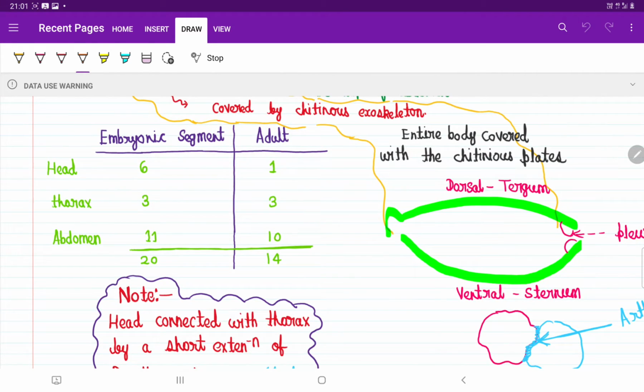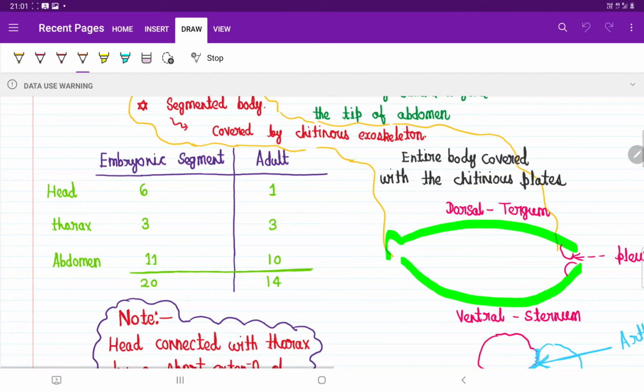Okay, now fine, you see, as they belong to the phylum Arthropoda, they are segmented organisms. So during embryonic development, many of their segments fused.